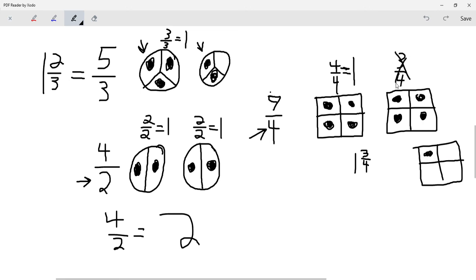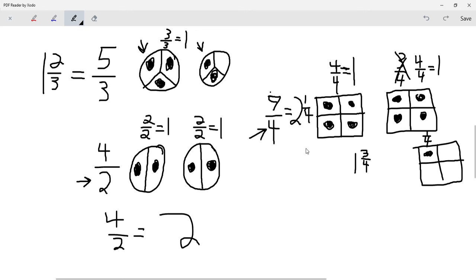Then in this case, this would also be 4 over 4, which equals 1, and this would be 1/4. So 9 fourths would actually equal 2 and 1/4, because we have 2 wholes and 1/4.